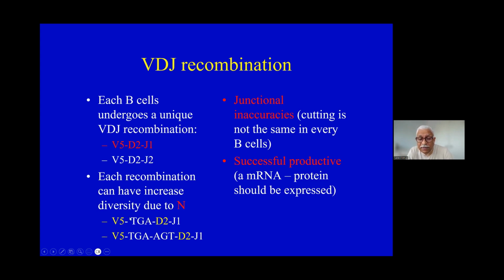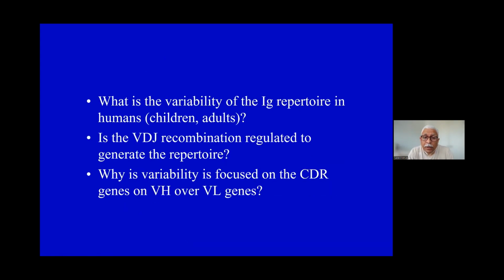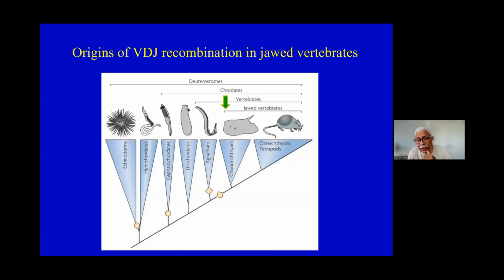So if a V5 and D2 come together, in some genes you might have TGA N-nucleotide addition, another cell will have TGA AGT N-nucleotide addition. So that increases the diversity. Junctional inaccuracies, all of these have to result in a successful productive mRNA for the protein to be made. And this is where we stopped, I think, last time. And let's move on a little bit further.